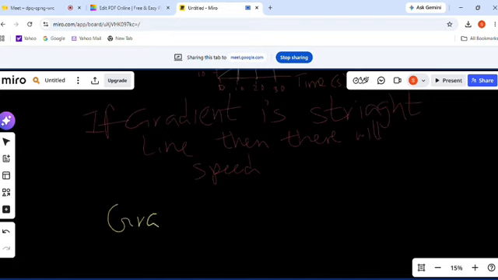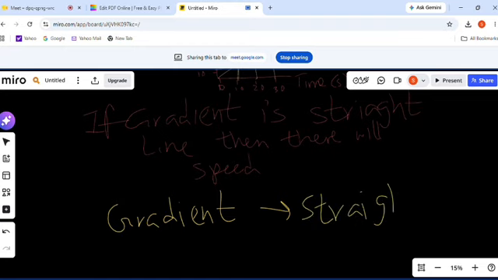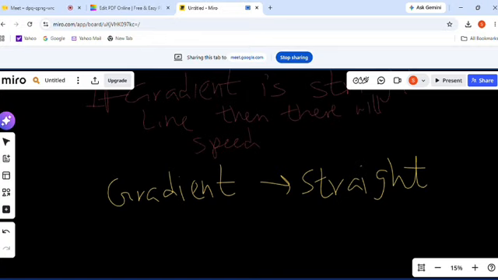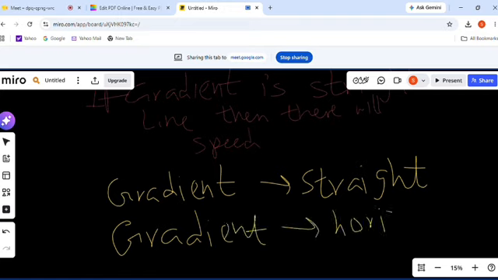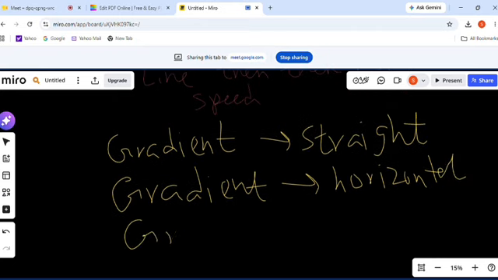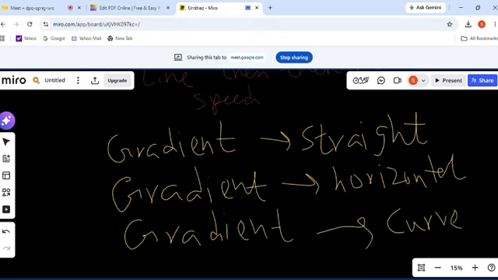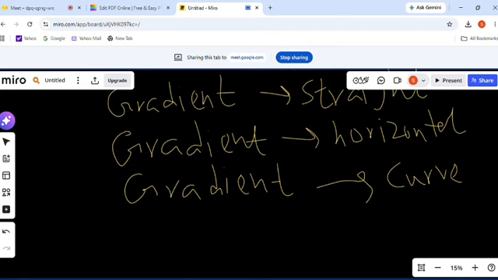It can be a straight line gradient, a horizontal line, and the last one, a curve. These three types of gradient we will discuss in our distance time graph.